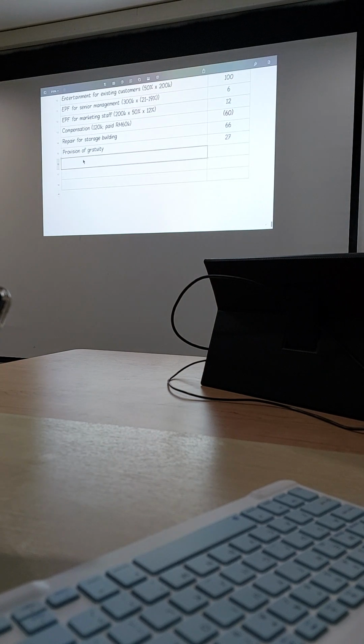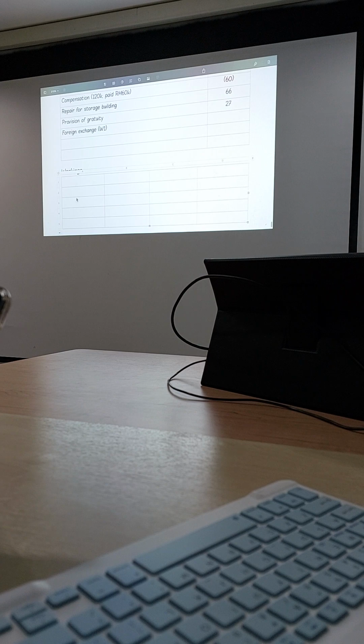So therefore, total is... so here, unrealized, so foreign exchange. So you can make a note here, workings. Does that make sense? Workings. So here you had the first one is realized loss.